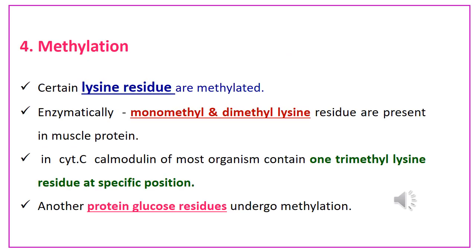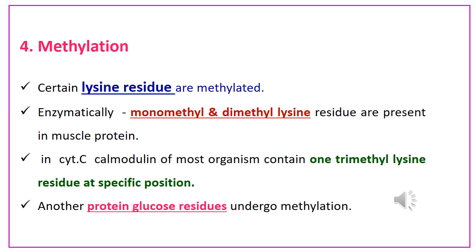Methylation. Certain lysine residues are methylated enzymatically. Monomethyl and dimethyl lysine residues are present in muscle protein. Cytochrome C and calmodulin of most organisms contain one trimethyl lysine residue at a specific position.